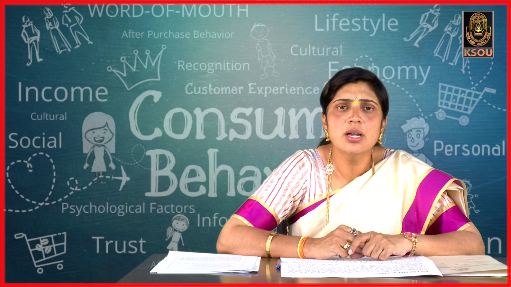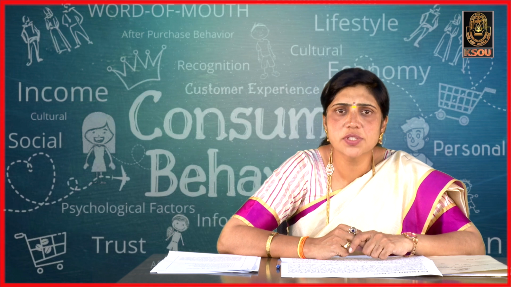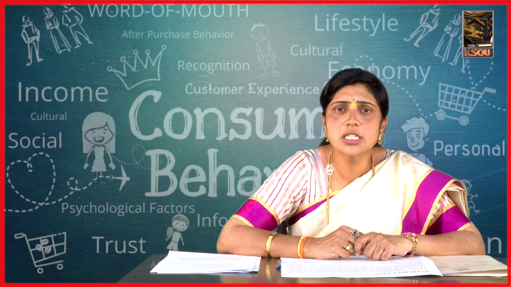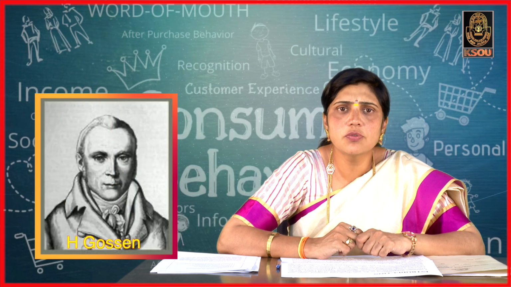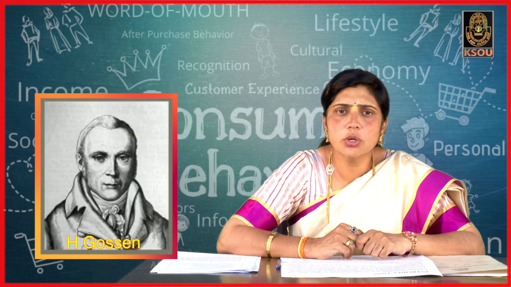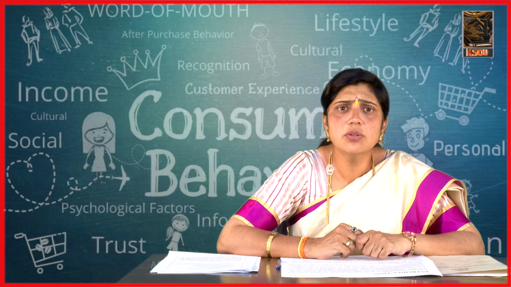Marshall explained how maximization of satisfaction is possible by allocating limited income on various commodities through the law of equimarginal utility. Gossen was the first economist who formulated the law, but this law is popular by the name of Alfred Marshall.